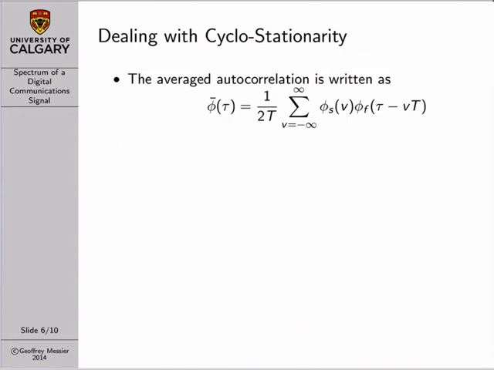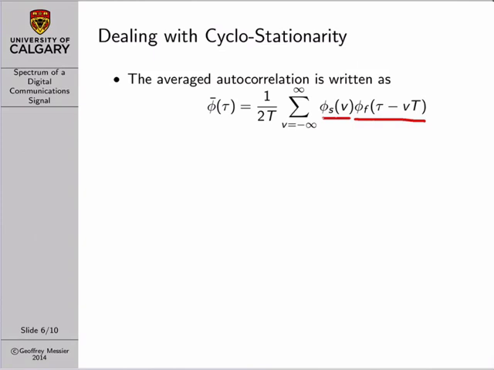So if we take the expression for phi f and substitute it into the equation we had on the previous slide, we get this much simpler equation, which is basically equal to the autocorrelation of the signal vectors, phi s, multiplied by the correlation of the basis functions, or the pulse shapes, phi f.